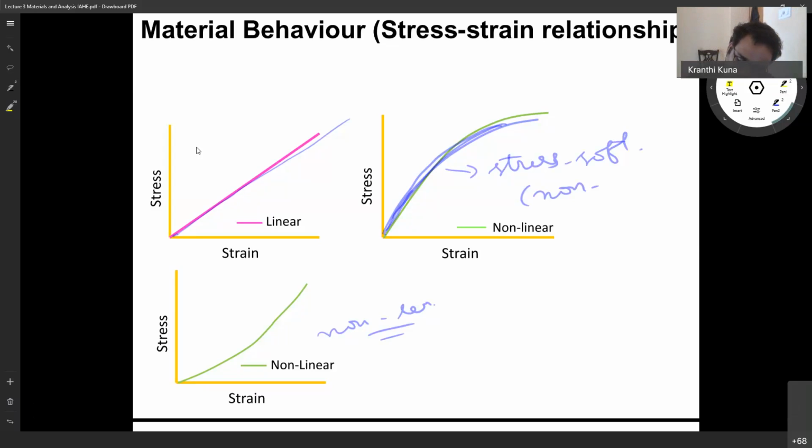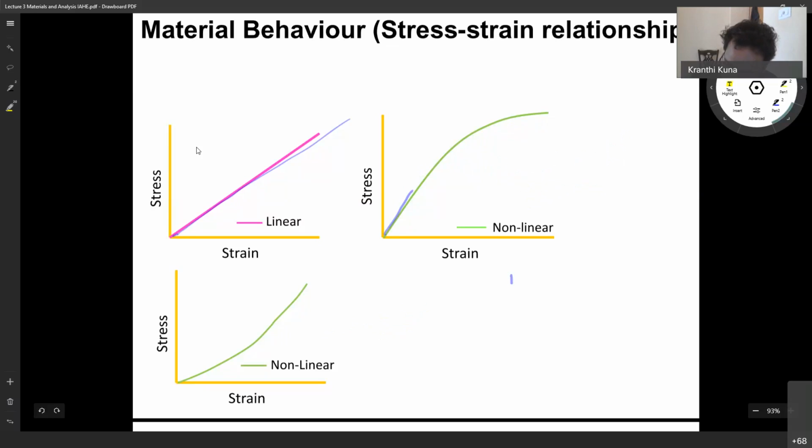In simple terms, say for example, if you plot stress-strain and you applied a constant stress with time, and your modulus is not changing, it remains constant, then it is linear.